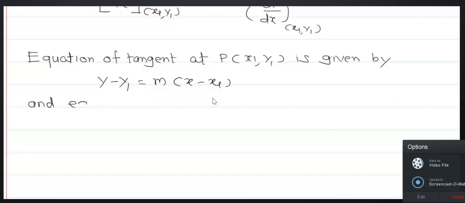A tangent is nothing but a line. Its equation is just similar to the equation of a line, and if we know the slope of the line and a point on the line, then we can find the equation of the line with the help of the slope point form: y minus y1 equals m in bracket x minus x1.